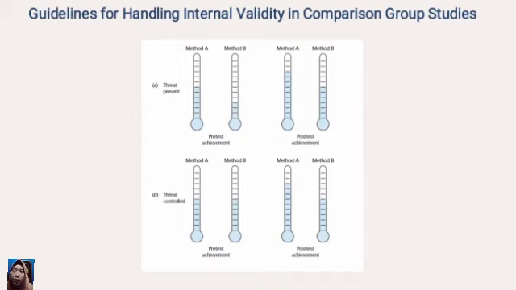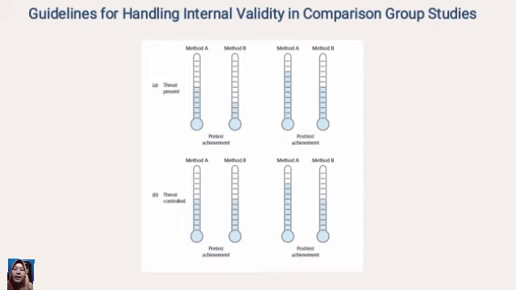The importance of step 2 is illustrated in these diagrams. It is like thermometers. The performance of subjects receiving method A is compared to those receiving method B. In diagram A, subjects receiving method A perform higher on the post-test but also perform higher on the pre-test.